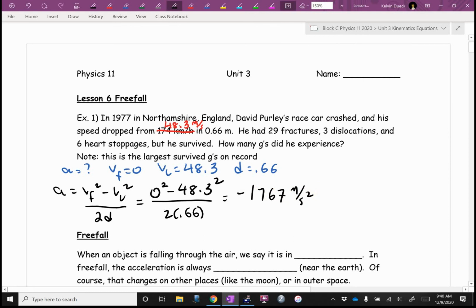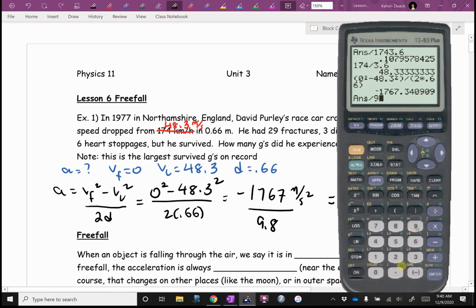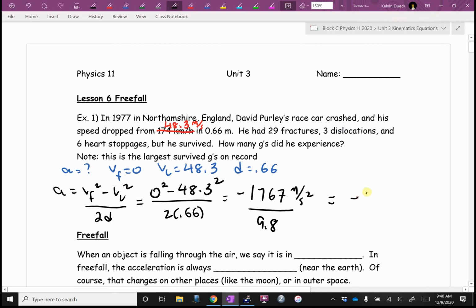How do I convert that to G's? 180 G's. Or having 179 of him dogpile on top of himself.